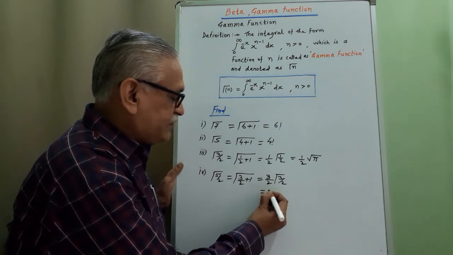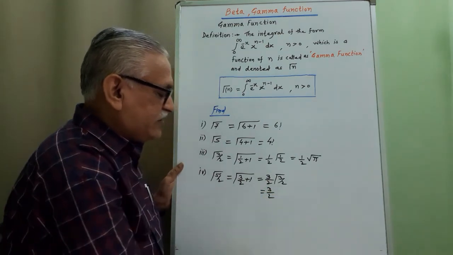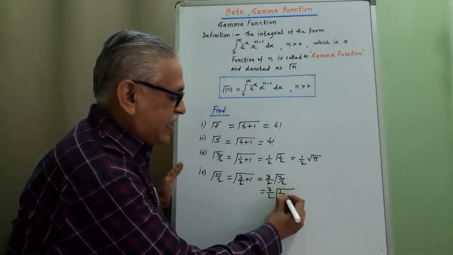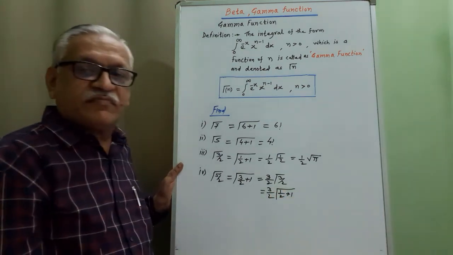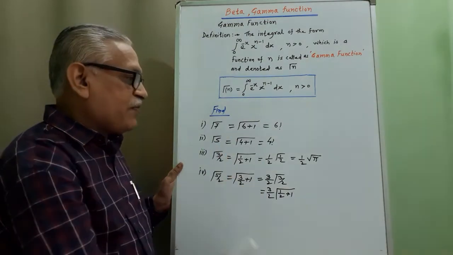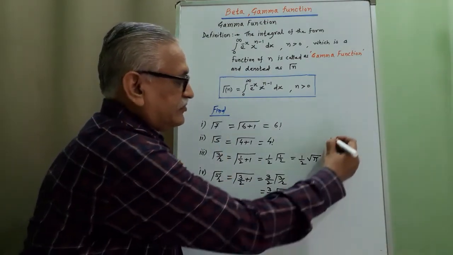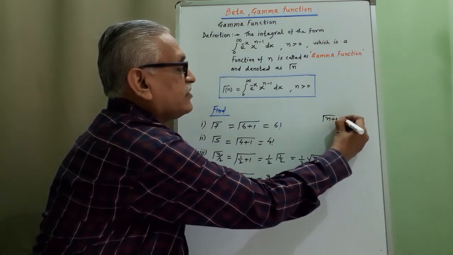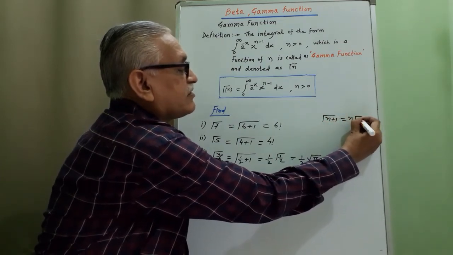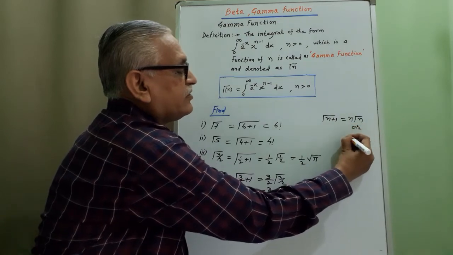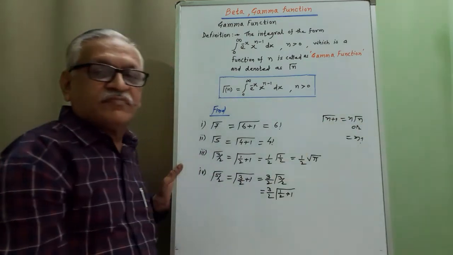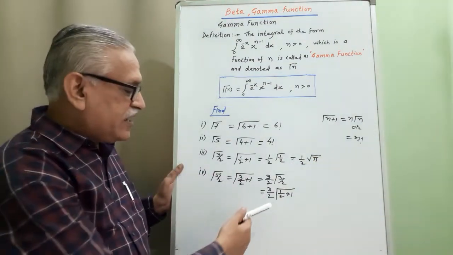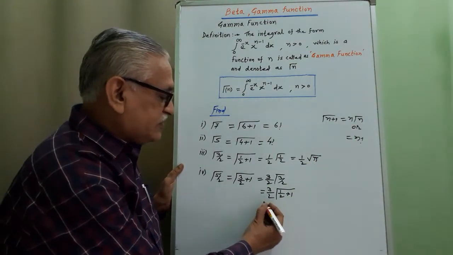In the next step, I can rewrite this 3 by 2 as it is, no change. That gamma 3 by 2 we can write as gamma of 1 by 2 plus 1. Then once again applying the property. What is the property I am using? That is gamma n plus 1 is n gamma n, or it is n factorial when n is a positive integer, and therefore here it is not a positive integer.